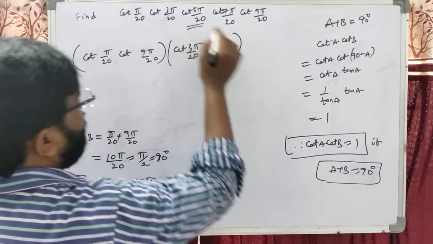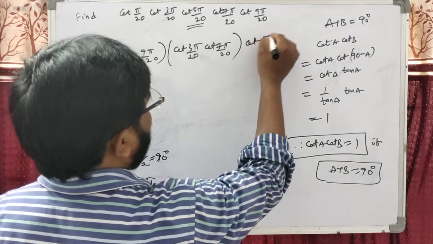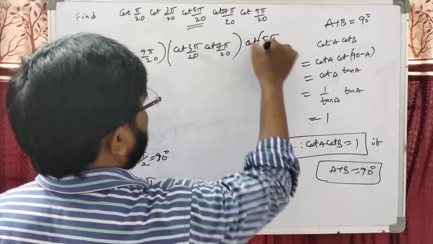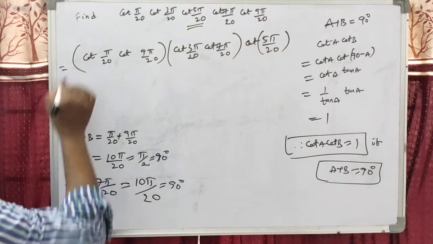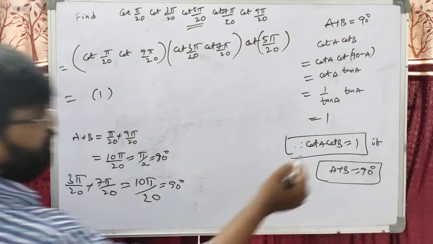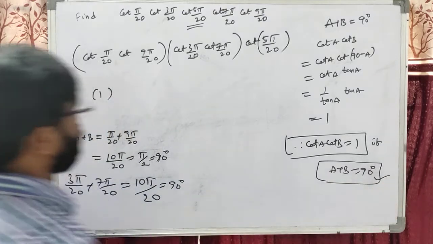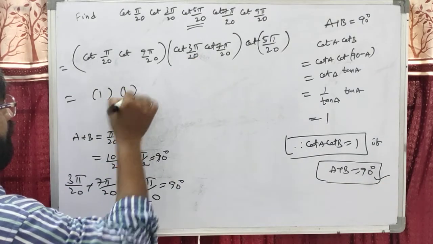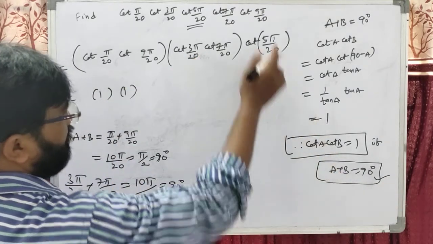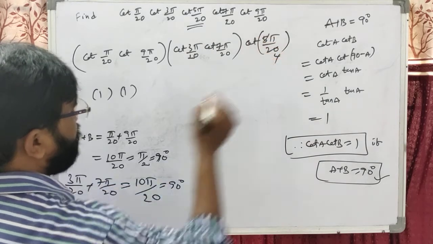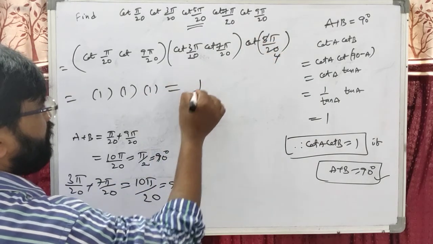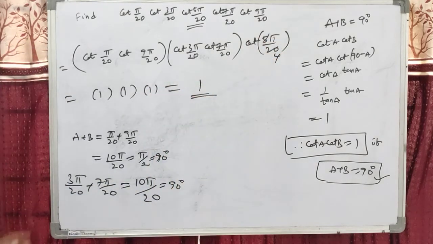One of them is remaining, that is cot of 5 pi by 20. We can write this as 1, since cot a into cot b is 1. This is also 1. Cot 45 is also 1. So the required value is 1.